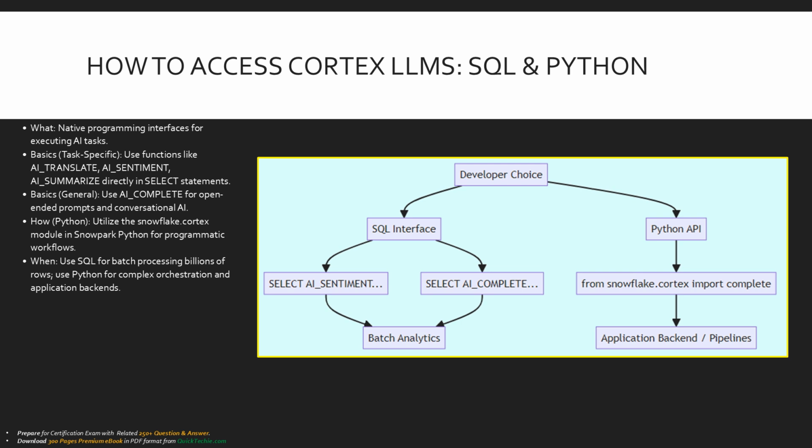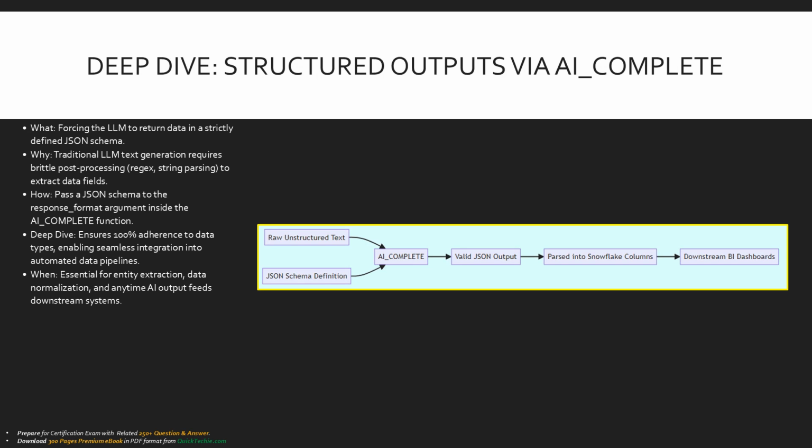On the right side, the Python API path shows a standard import statement, which then routes into application backends and pipelines. By looking at this diagram, learners can instantly perceive that Cortex does not force you to learn a proprietary new language. It seamlessly adapts to whether you are a data analyst writing declarative queries or a data engineer writing imperative Python code.